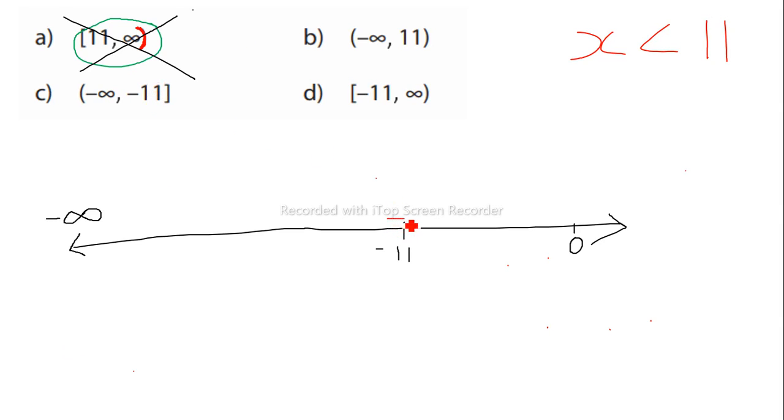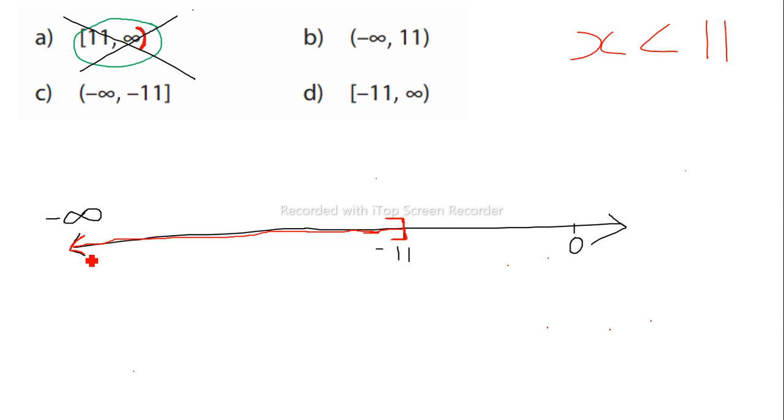You can also think about it in reverse. We start at negative 11 and we get smaller and smaller until we arrive at, quote, negative infinity. But we're really just getting smaller and smaller because you can never really arrive at negative infinity.